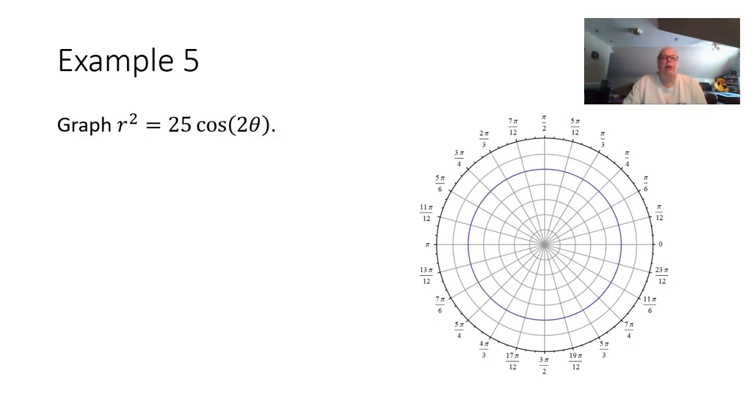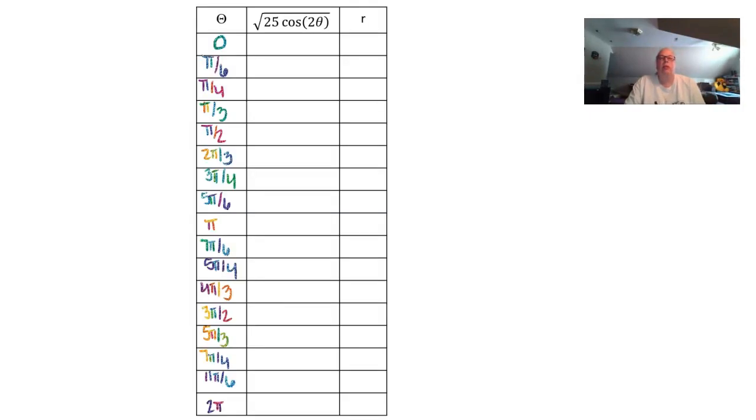Example 5, we're going to graph r squared is equal to 25 times the cosine of 2 theta. And when we graph this, we're actually going to graph it as the positive and negative square root. So I'm going to graph this angle with a positive r and with a negative r.